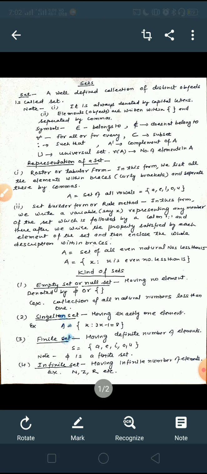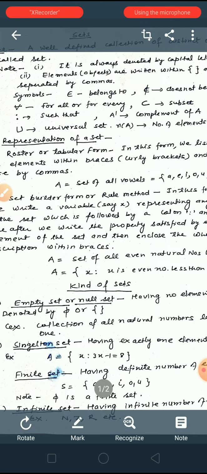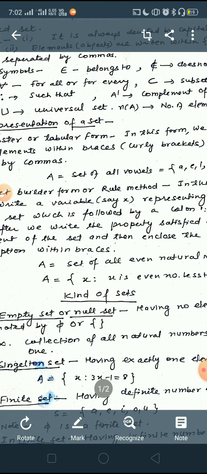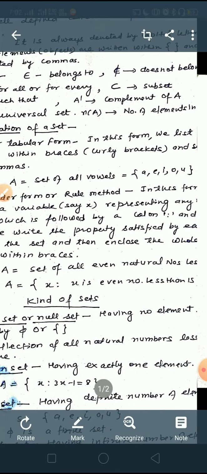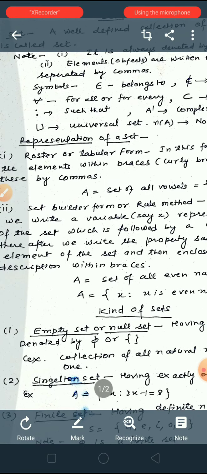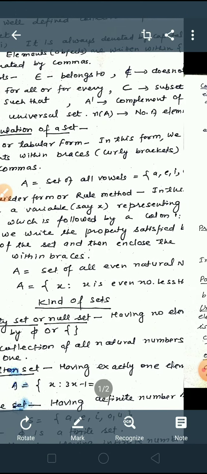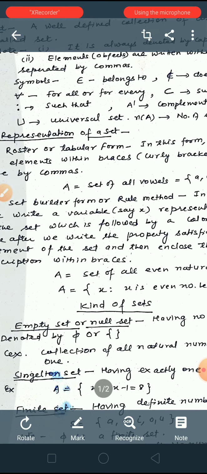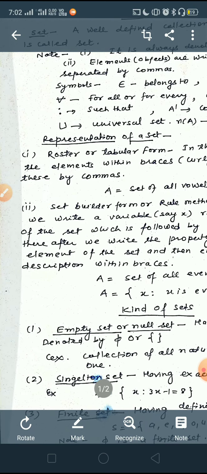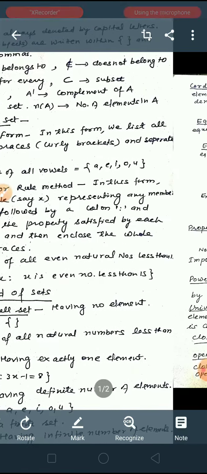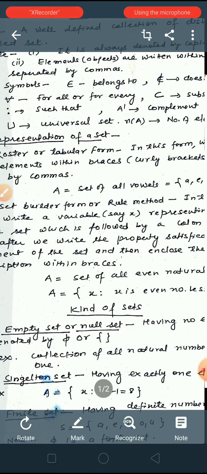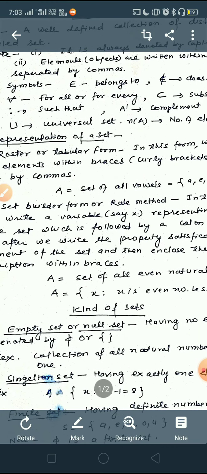Children, in roster form, as you can see, we list all the elements within braces, meaning curly brackets, separated by commas. You can see one example. A is the set of all vowels.